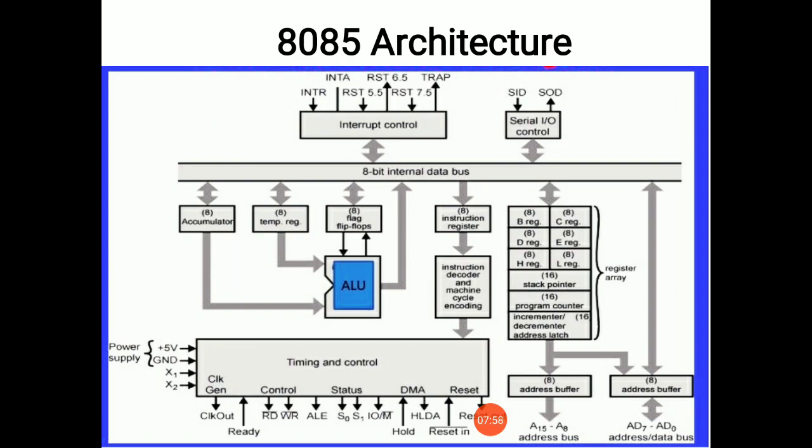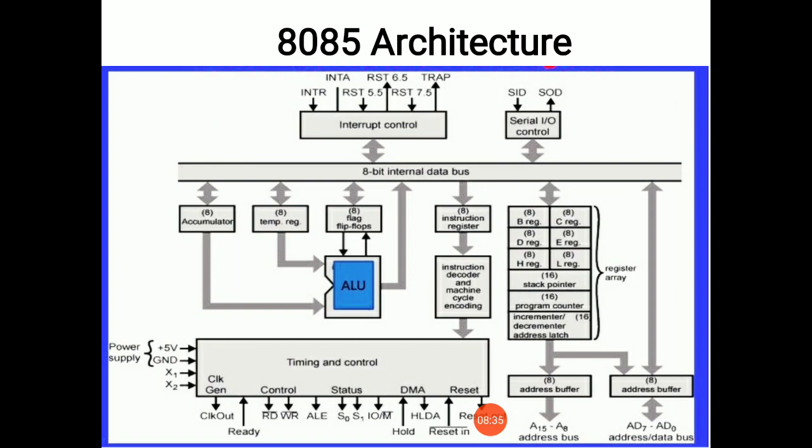Now if the memory has sent the opcode, the opcode is the instruction. I'll tell you what is opcode and operand later. You just first understand that if memory is sending the opcode, that will tell what the instruction is all about. So that opcode will go from memory to the microprocessor through the data bus, and from the data bus it will get stored in the instruction register.